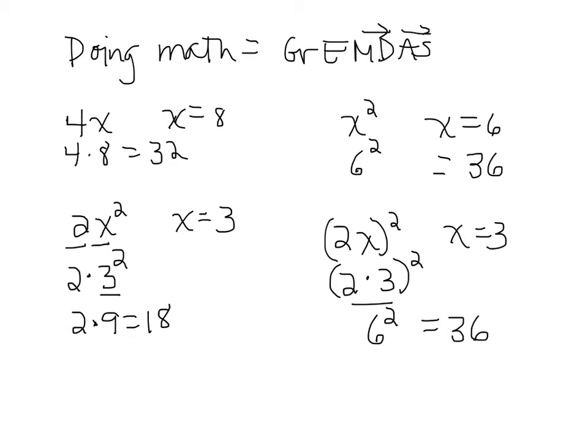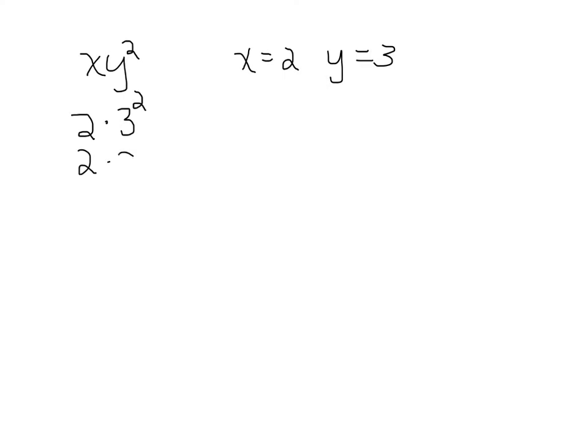Similarly, 2y squared for x equals 2 and y equals 3. Showing replacement, I say 2 times 3 squared, and that gives me 2 times 9, or 18.